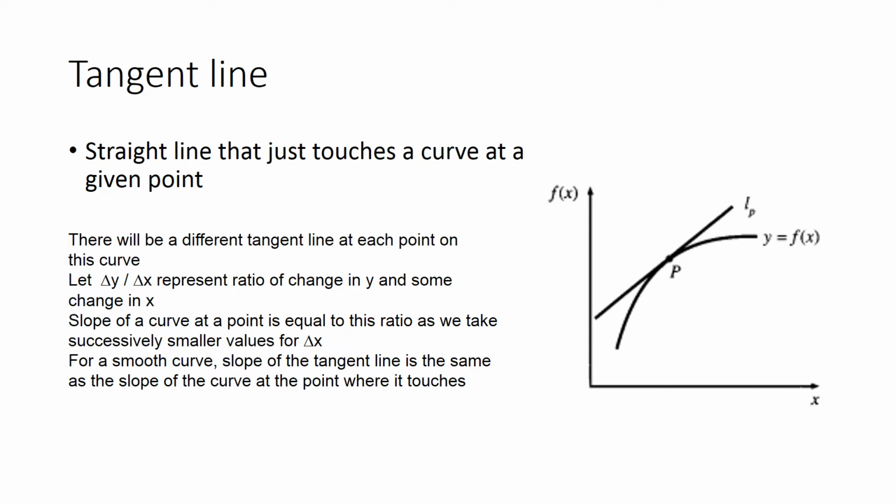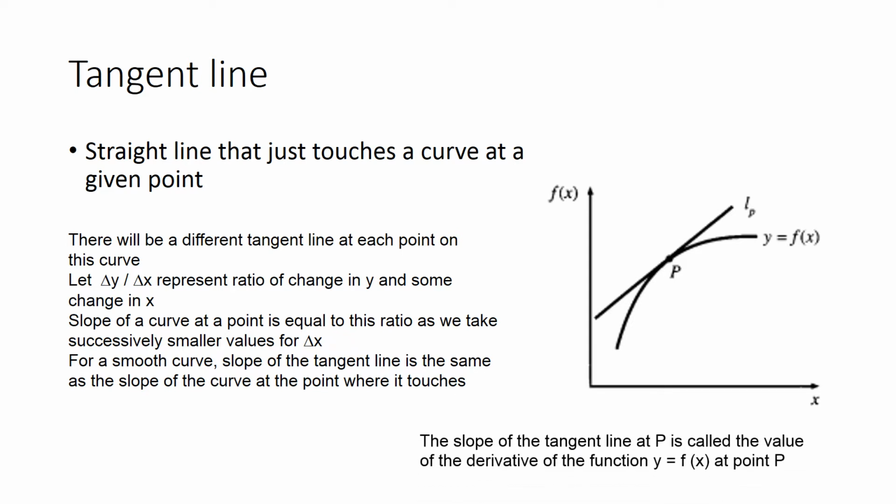The slope of the tangent then will be equal to the slope of the function at that point Q. Now, the slope of this tangent line is called the derivative of the function y equal to f(x).